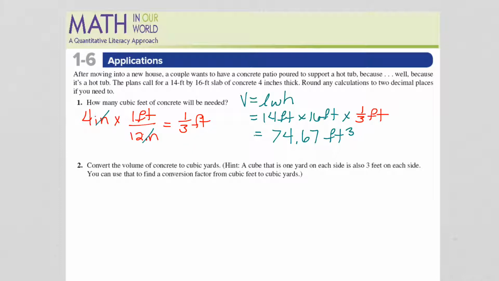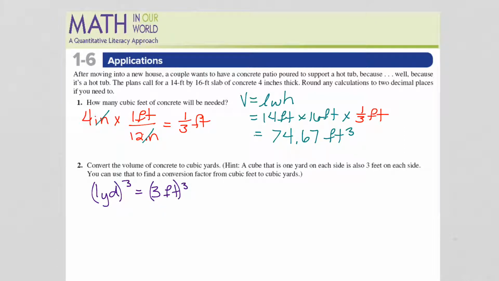Okay? Well, first thing you need to know is that 1 yard cubed is not equal to 3 feet cubed. No, no, no, no, no. Okay? 1 yard cubed is equal to 3 feet cubed. Notice the pause.